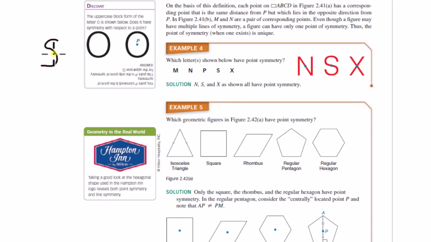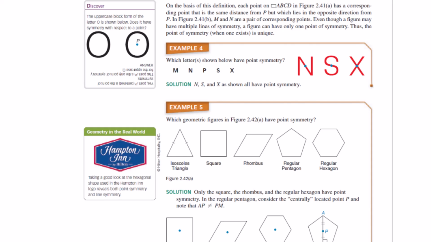Yeah, that looks good. And then X looks good as well. Definitely, X looks very symmetric in a lot of ways: lines of symmetry, and a point of symmetry.